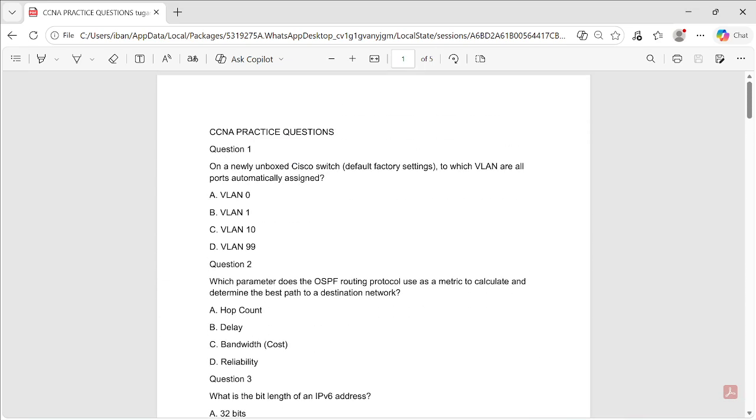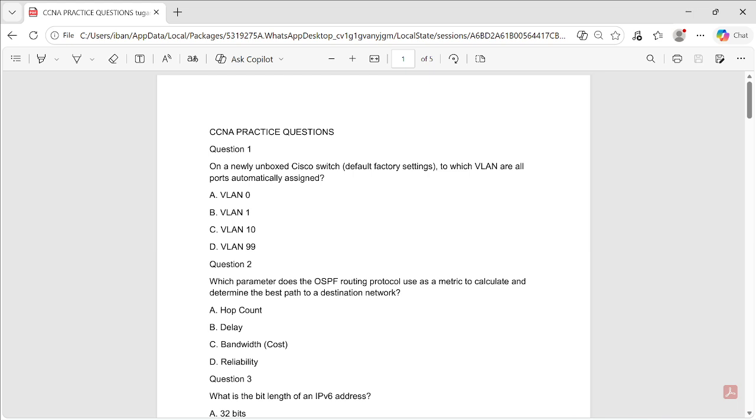So first we talk about the question. Question number one: on a newly unboxed Cisco switch with default factory settings, to which VLAN are ports automatically assigned?